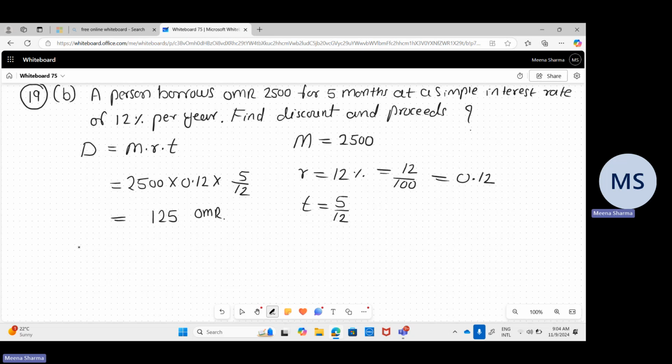Now you need to find the proceeds. We know that proceed equal to M minus D. M is the amount borrowed, equal to 2,500, minus 125. So the final answer is 2,375 real.